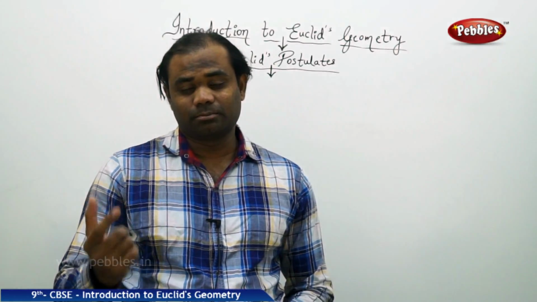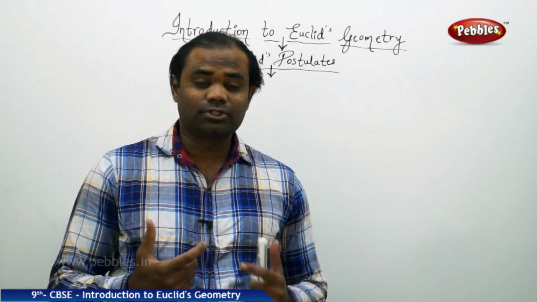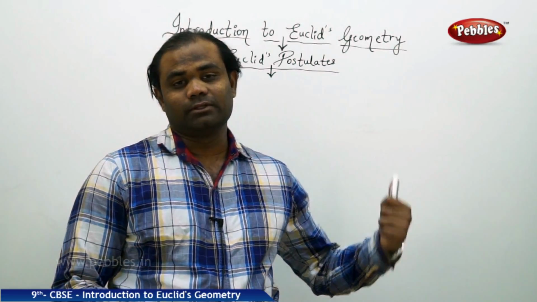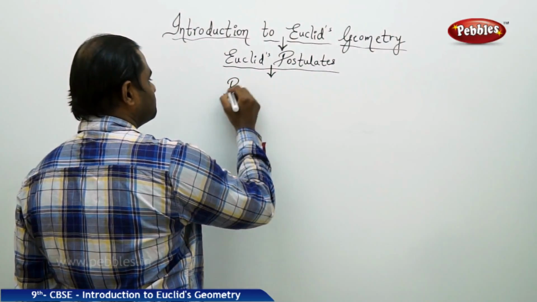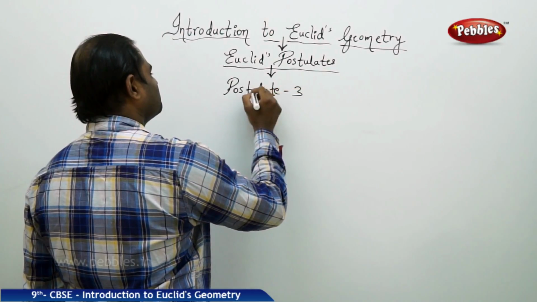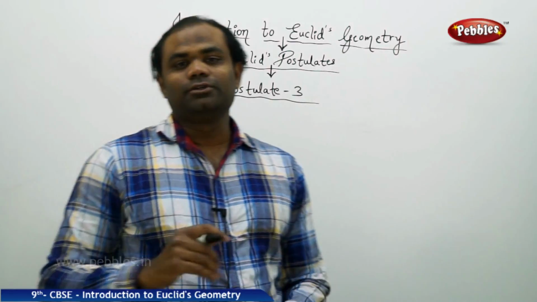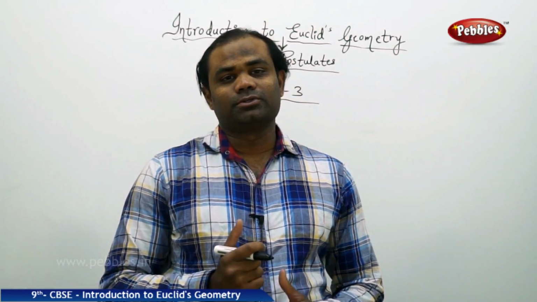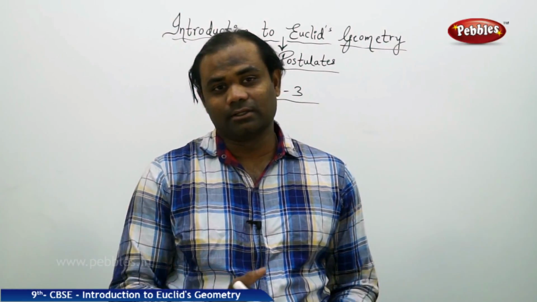Now let's enter into postulate number 3. Postulate number 1, postulate number 2, and now we come to postulate number 3. According to Euclid, his contribution to postulate number 3 was more focused on the circle.